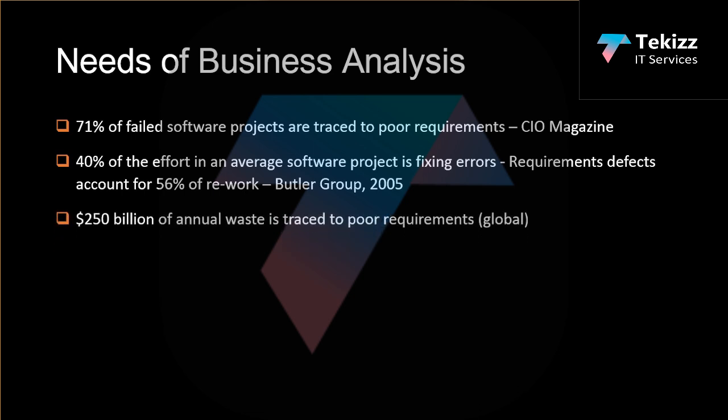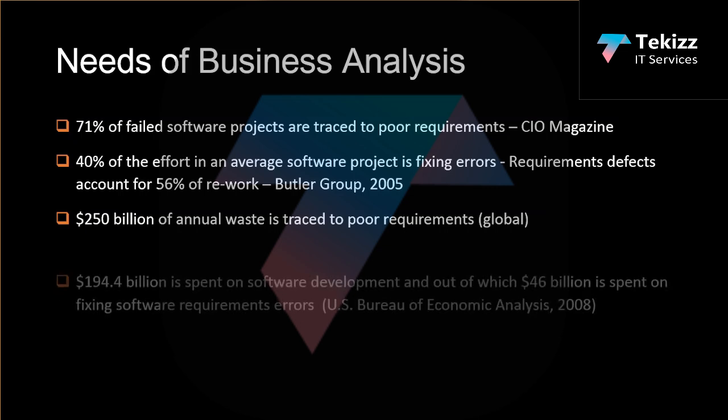Now, if we talk about monetary loss, over 250 billion of annual waste is traced to poor requirements. That means that is a loss all over the globe because of identifying poor requirements, or sometimes simply the defect of poor requirement gathering.